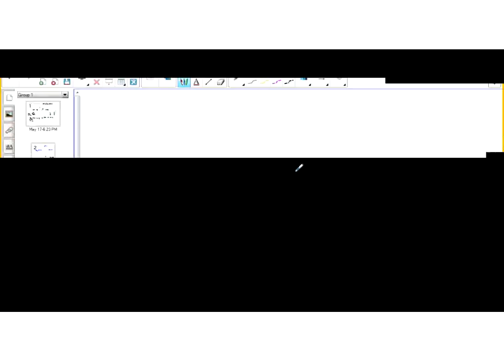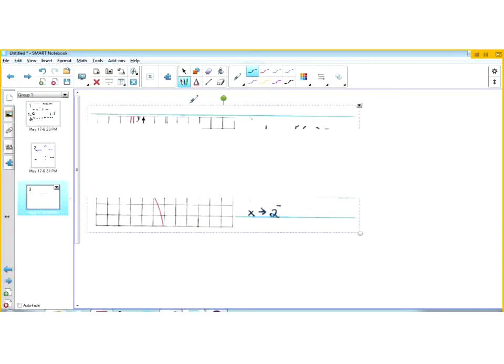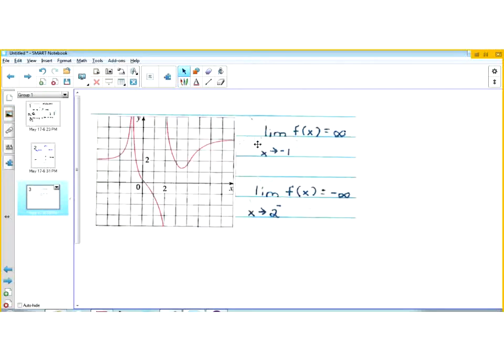Let me copy the problem. This was a test question in one of my earlier calculus classes. There are two questions.